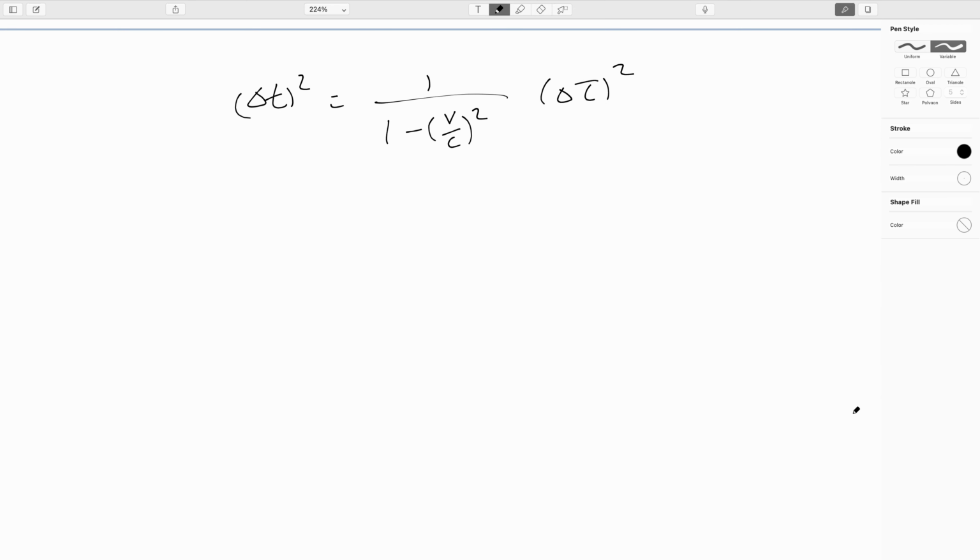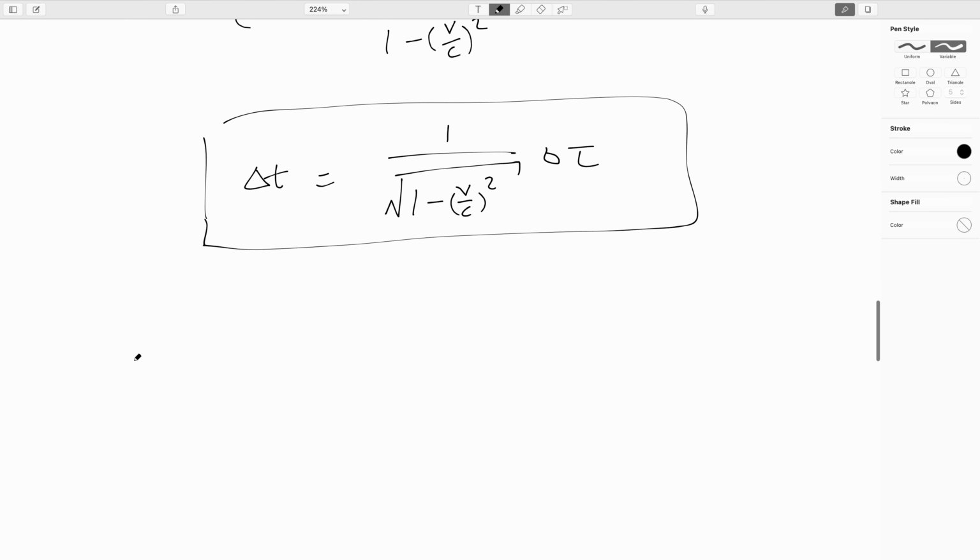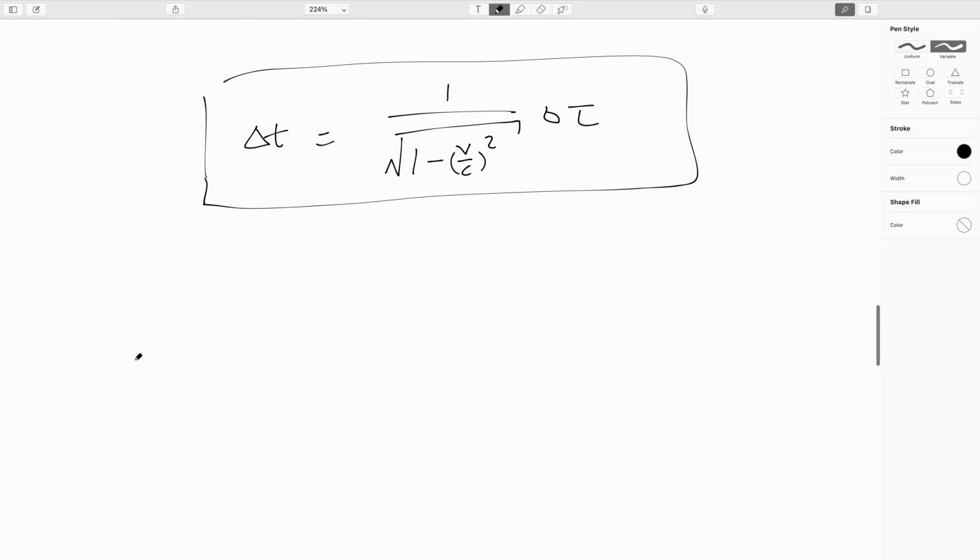So we will be left with delta t is equal to 1 over the square root of 1 minus v over c squared, times delta tau. Now, at this point, I want to introduce some notation. This notation is super duper standard in the world of relativity.